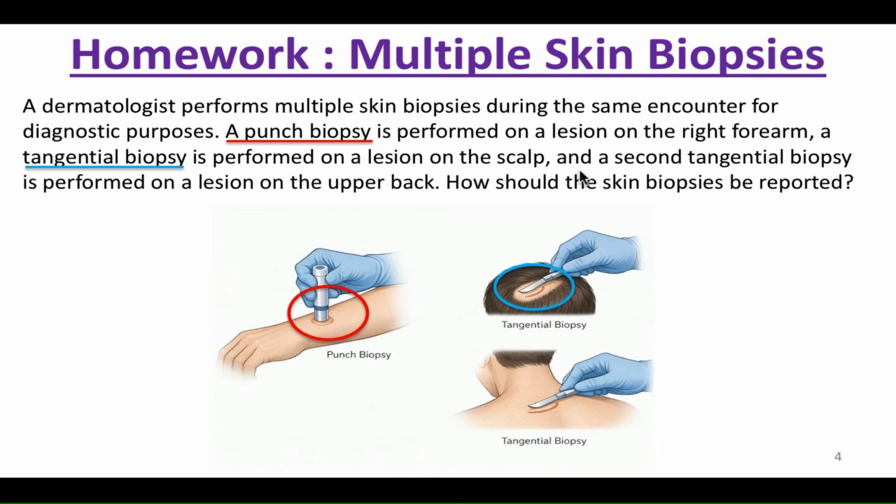And a second tangential biopsy is performed on the lesion on the upper back. How should the skin biopsies be reported? Your task is to decide how the skin biopsies should be reported. Remember to apply the one primary biopsy rule, follow the hierarchy, and use add-on codes where appropriate. Take a moment to work through this case on your own before moving forward.